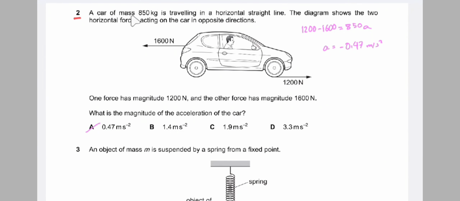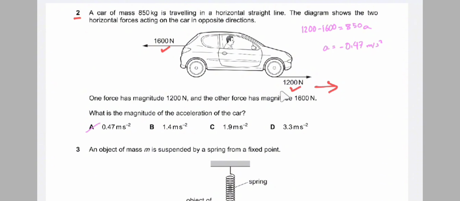Question number 2. A car of mass 850 kg is traveling in a horizontal straight line. The diagram shows the two horizontal forces acting on the car in opposite directions. That is, 1600 Newton in the opposite direction and 1200 Newton in the direction that the car is traveling. What is the magnitude of acceleration of the car?